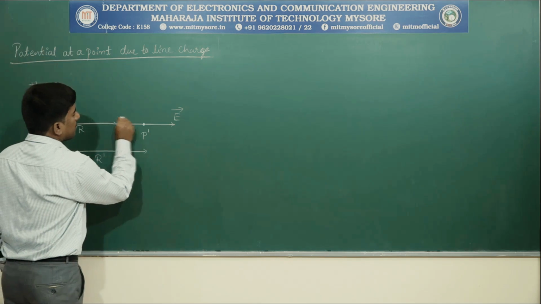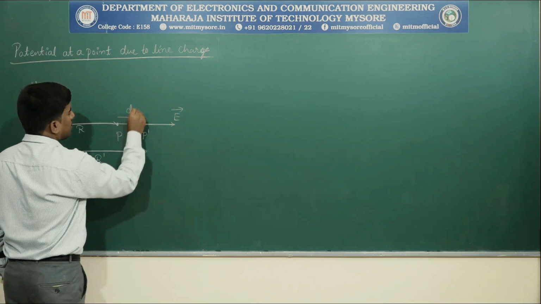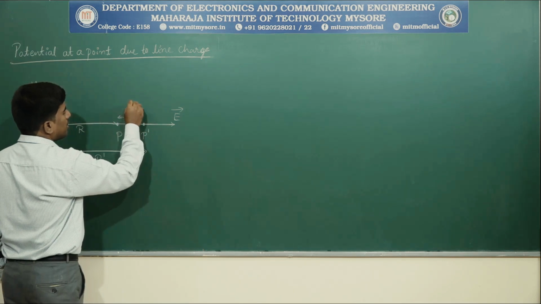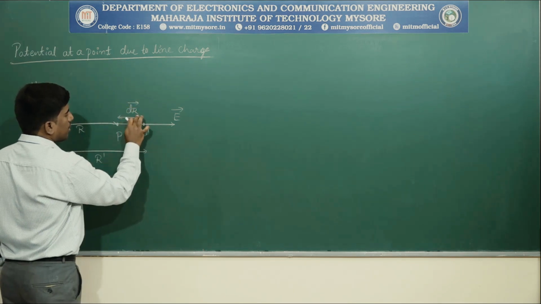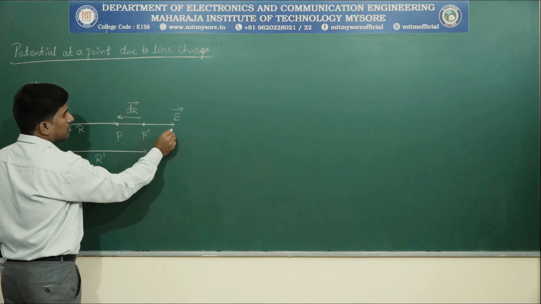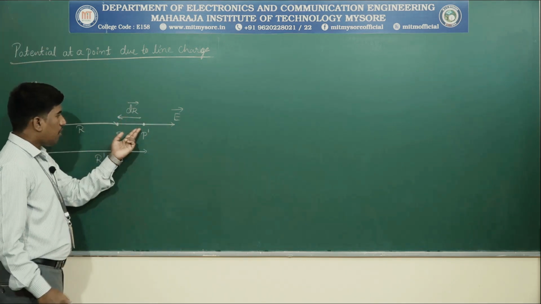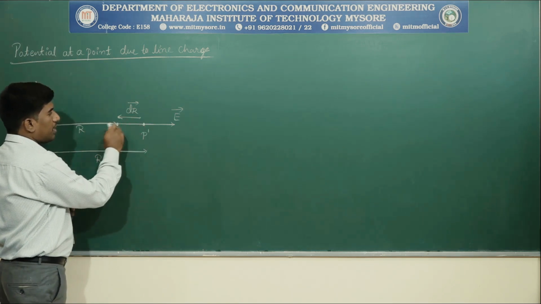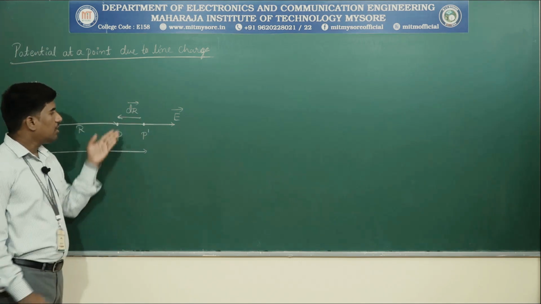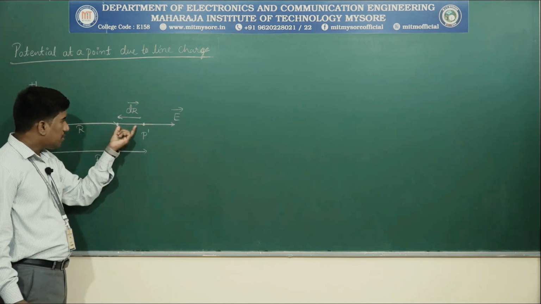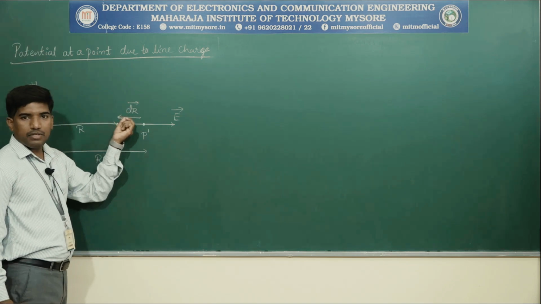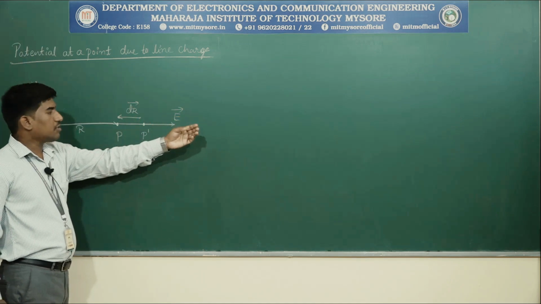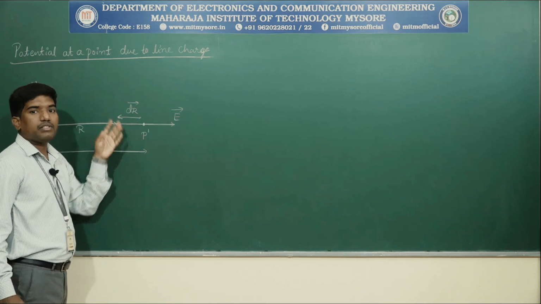This distance is dr, a differential distance, which is in the opposite direction to the electric field. The point charge is moved from P dash to P in the opposite direction to the electric field, and the differential distance taken is dr. We need to push the unit positive charge from infinity to a particular point P, which is impractical.